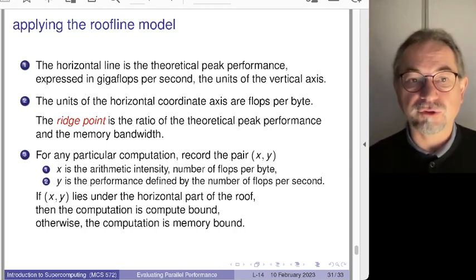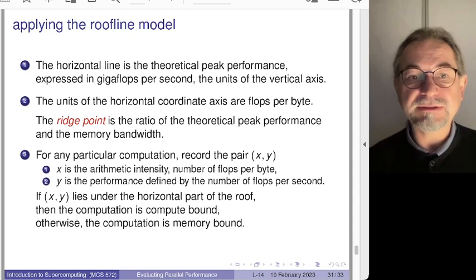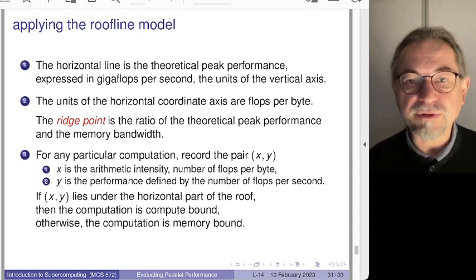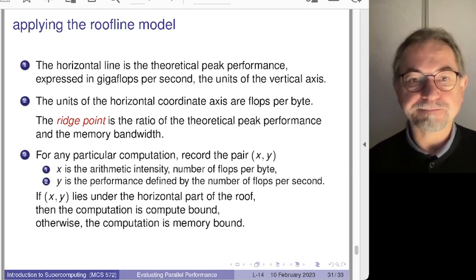So that's this horizontal line. Then the ridge point, you can compute this as well. So you read off the specifications, the peak memory bandwidth, and you compute this ratio that will give you where the slanted part starts.